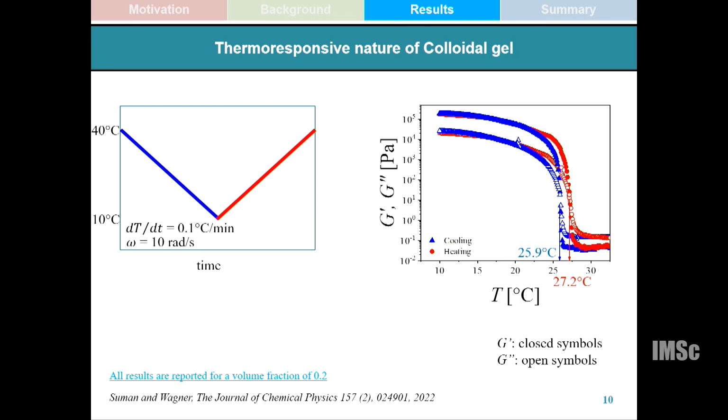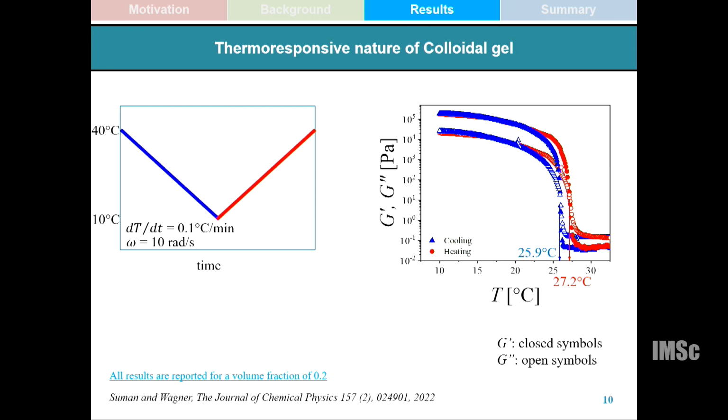It then increases sharply by almost 5 orders of magnitude, suggesting a liquid to soft solid-like transition. Upon increasing the temperature again, it follows the same cycle. The crossover between G prime and G double prime is often taken as the gel point temperature. But as you can see, the crossover point is slightly different during the heating and the cooling cycle.